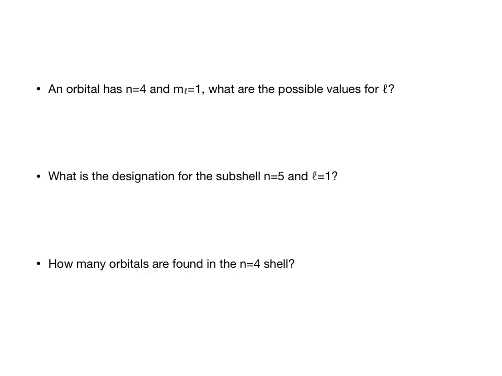So let's think about how we can use this information. If an orbital has n equals 4 and m sub L equals 1, what are the possible values for L? Let's take this apart. If n equals 4, the allowed values for L are 0, 1, 2, and 3. We know that m sub L definitely equals 1.